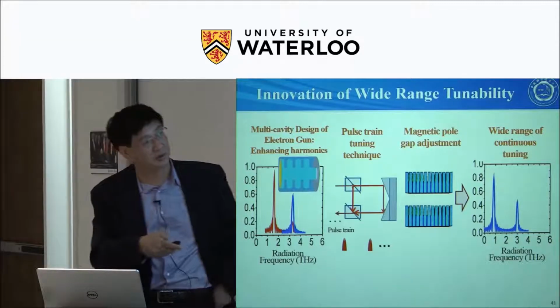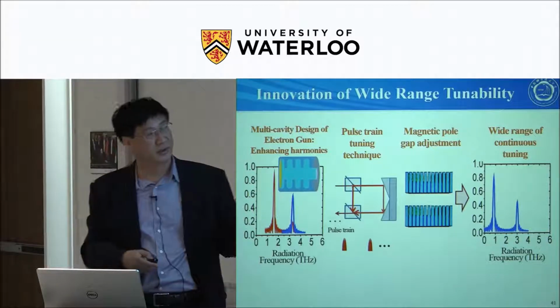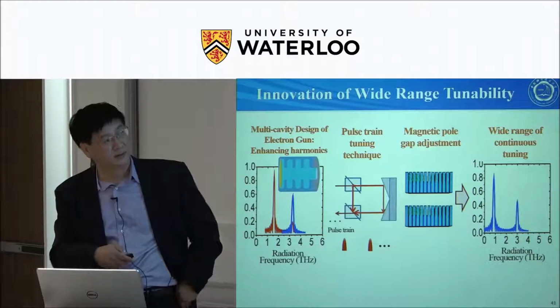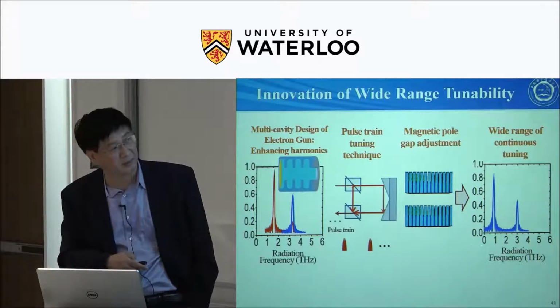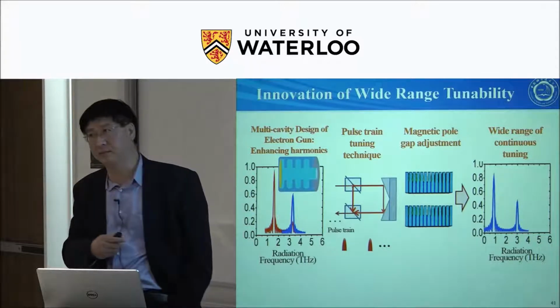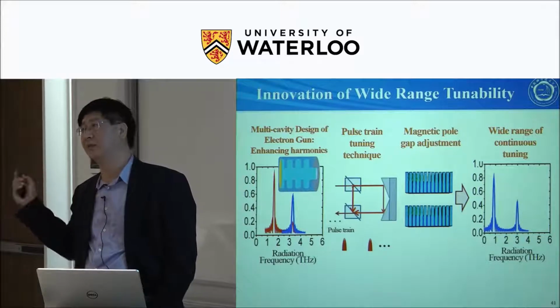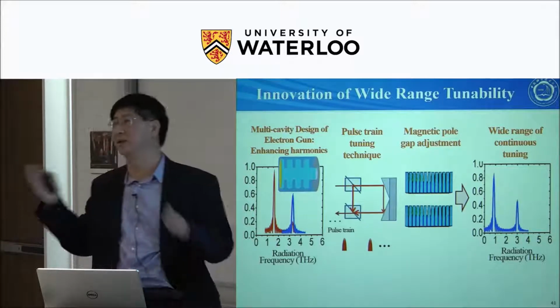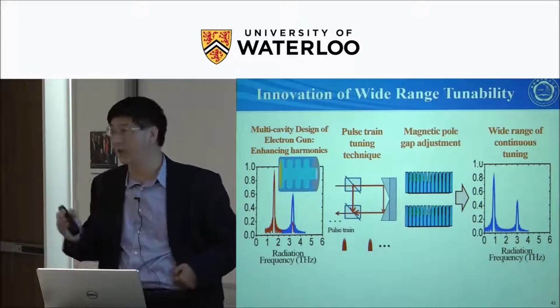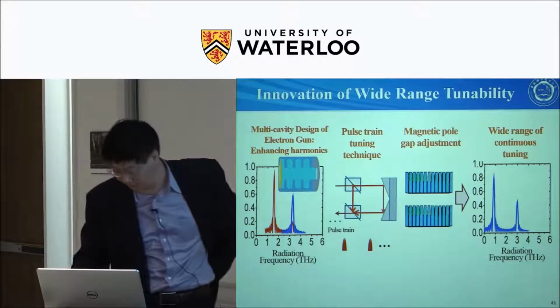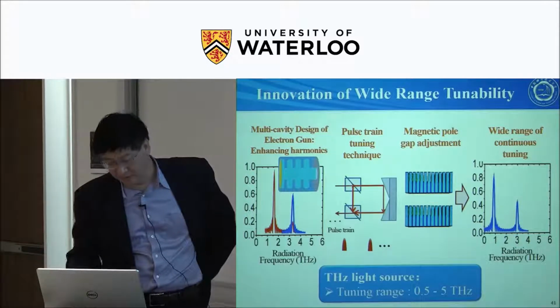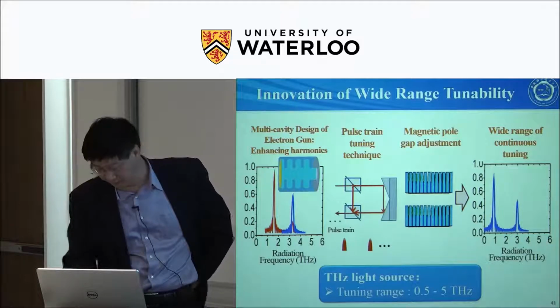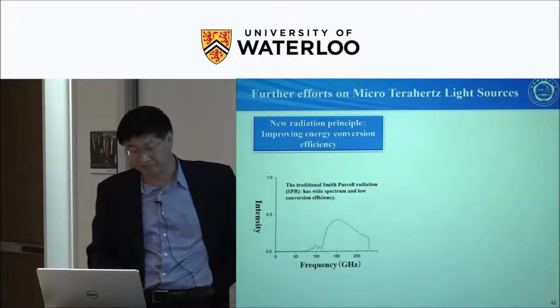So then we can tune the wavelength. So this FEL, we can fully tune from 0.5 terahertz all the way to like 7 to 8 terahertz, covering the terahertz gap. Yeah, they put 5 terahertz here, but anyway.